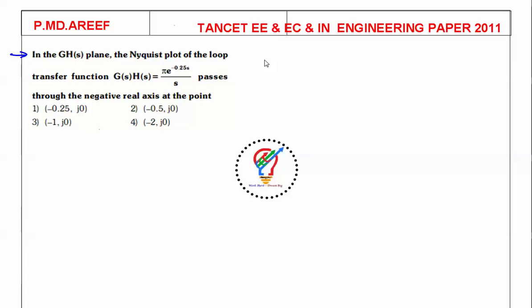We'll take the transfer function here, and use a formula: e^(-as) can be written as cos(a omega) minus j sin(a omega), divided by j omega. Note it down, it's a very important formula.